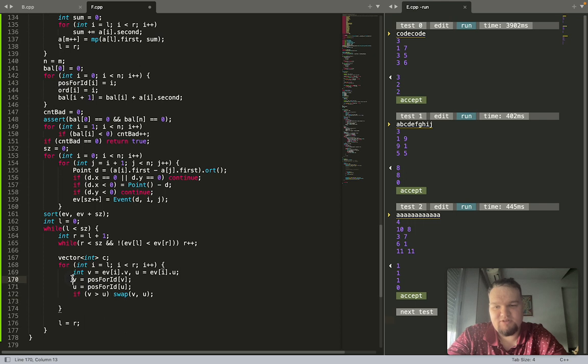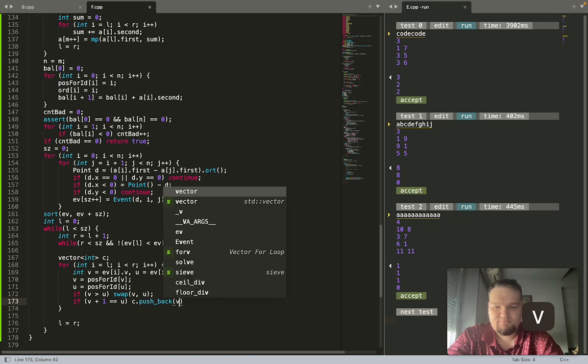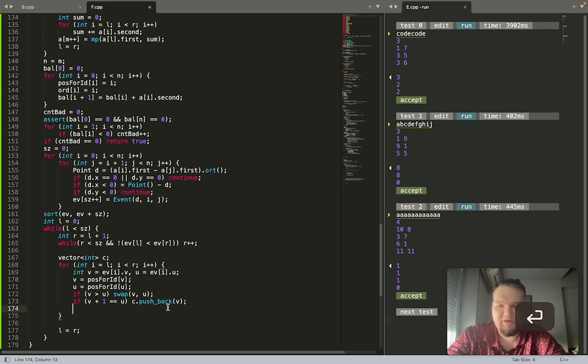So I know that I want to swap positions. Now there are positions V and U, and if they are consecutive, I can remember that we need to swap V and V plus 1.